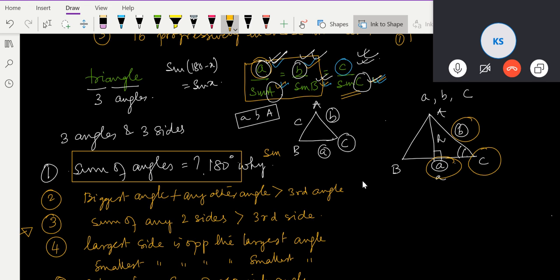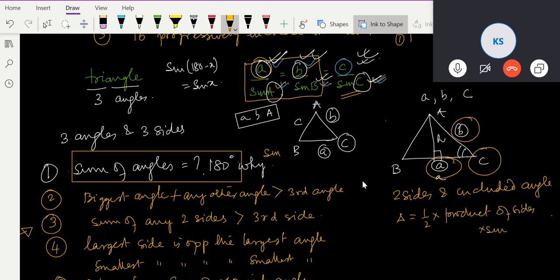They'll also ask you to find out the area of the triangle. Now, area of the triangle is very easy. If you are given any two sides and the included angle, then the area of the triangle is half into the product of the sides into sine of the included angle.